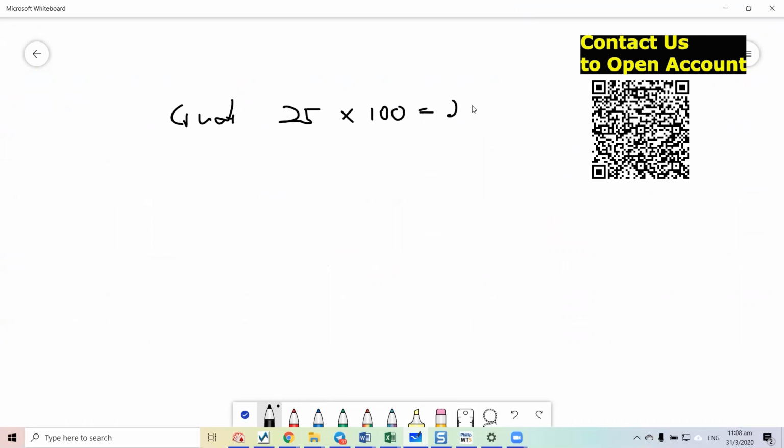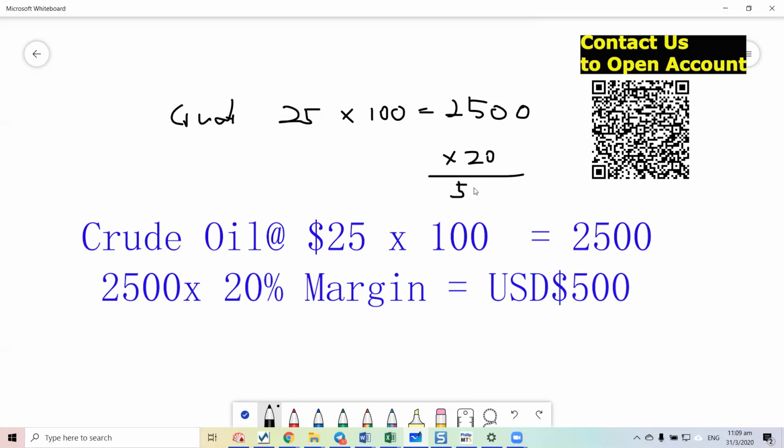So contract size is 2,500. Pardon my writing with a mouse. Then times 20%, and this is $500. If crude oil goes up to $30, then this will be $600, and this is USD.